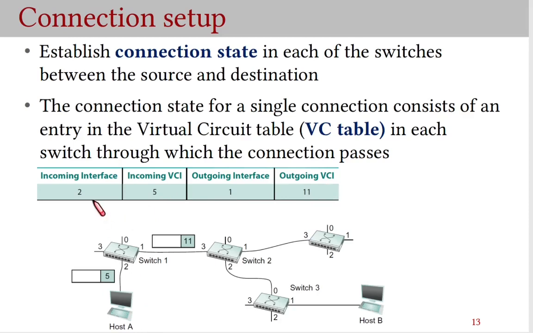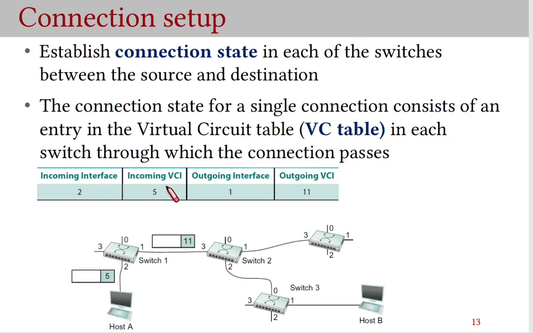Let's consider this virtual circuit table entry on switch 1. It means that transmissions from host A arrive at the switch on port 2, because that's how host A is connected to switch 1, and they carry a label, a virtual circuit identifier or VCI, which is going to be 5.